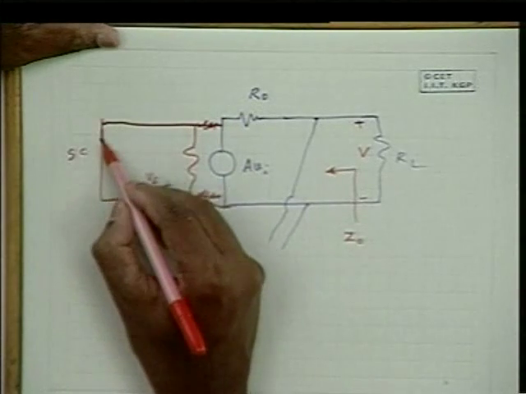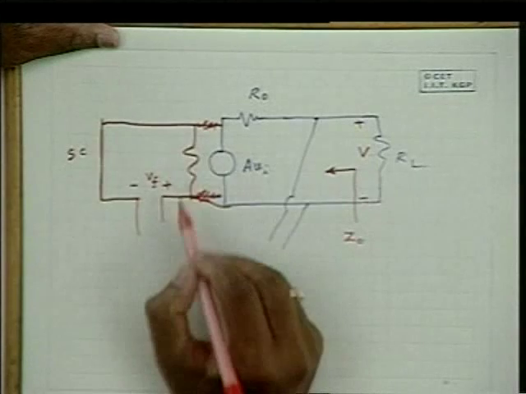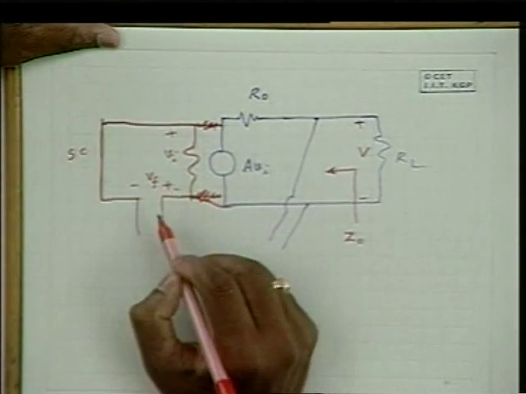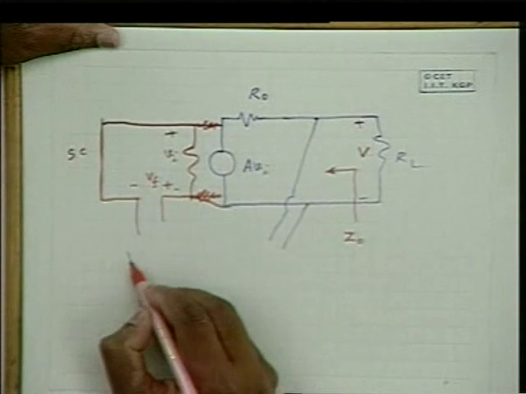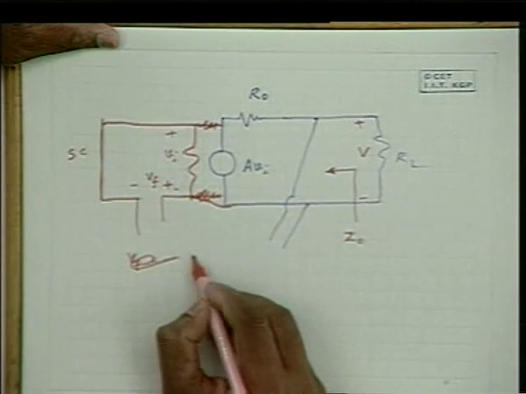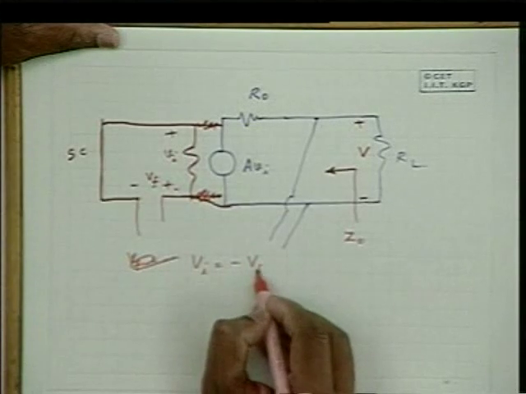When you short circuit the input, please note that this feedback voltage appears at the input side, and the input signal Vi is now equal to minus Vf.